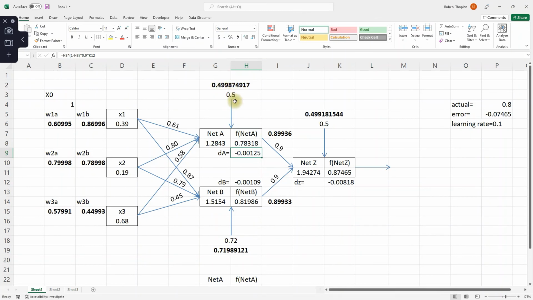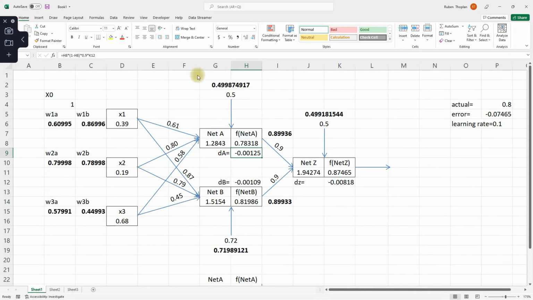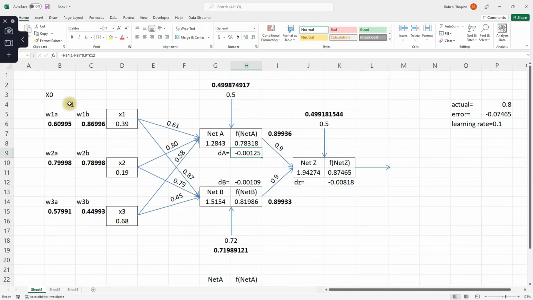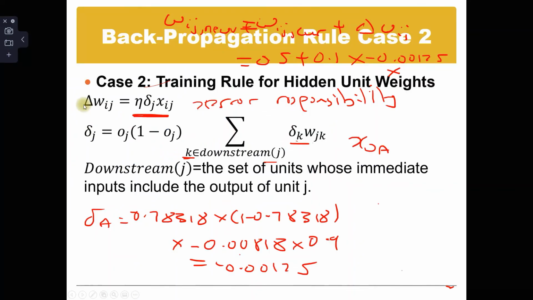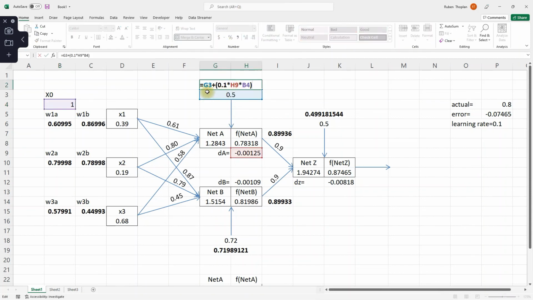For us, xij represents x node A because it's the constant term here, and it's always, as you would recall, equal to 1. So multiplied by 1. And this is what gives you the 0.49987, whatever.